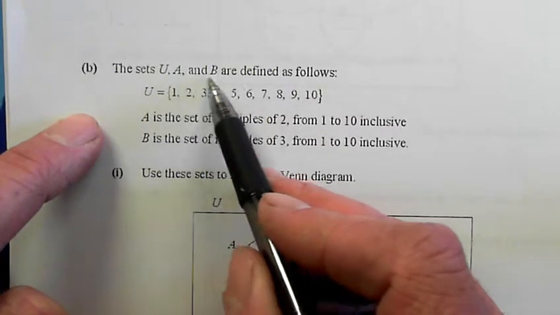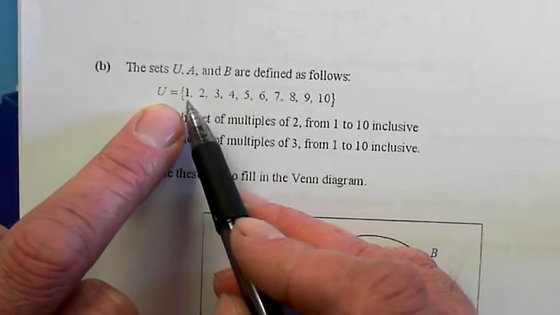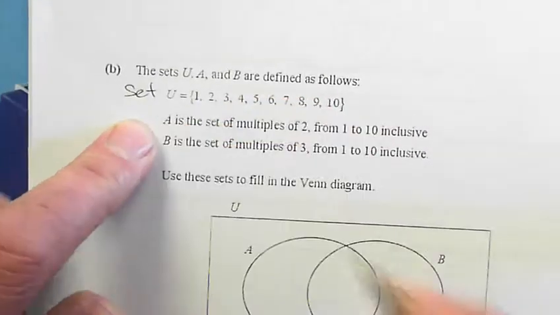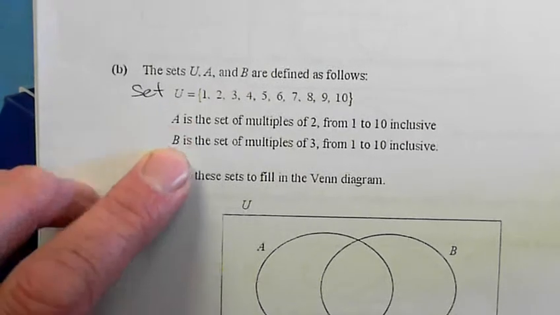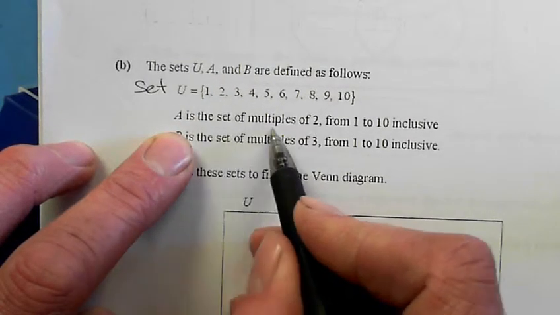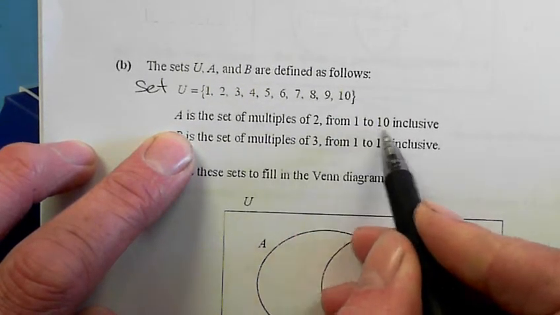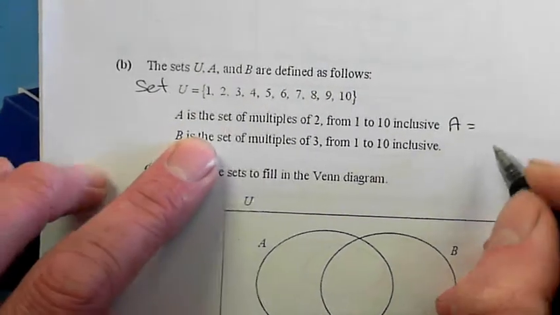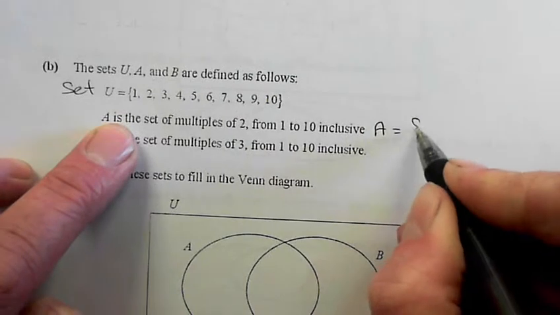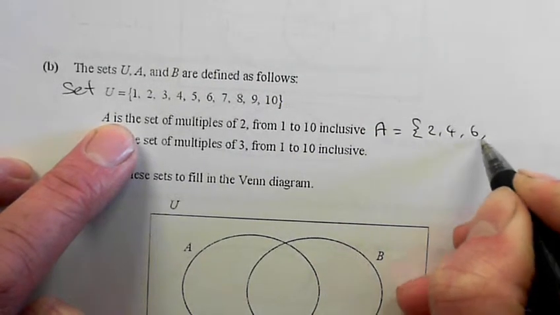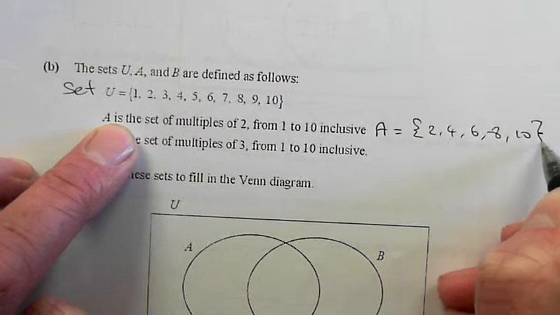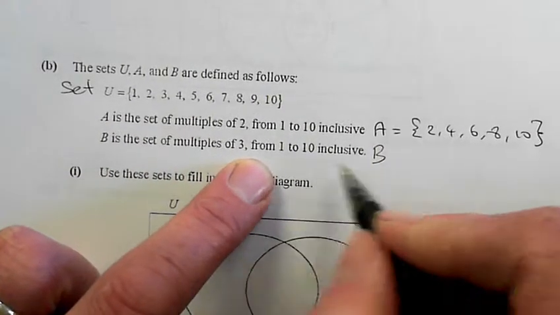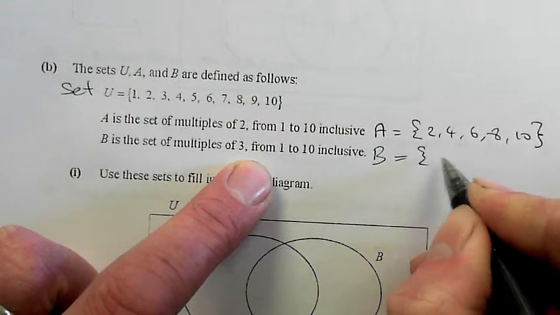The sets U, A, and B are defined as follows. U is the set of numbers from 1 to 10. A is the set of multiples of 2 from 1 to 10. So what's A equal to? The multiples of 2. 2, 4, 6, 8, 10. Set B, the multiples of 3 from 1 to 10. 3, 6, 9.